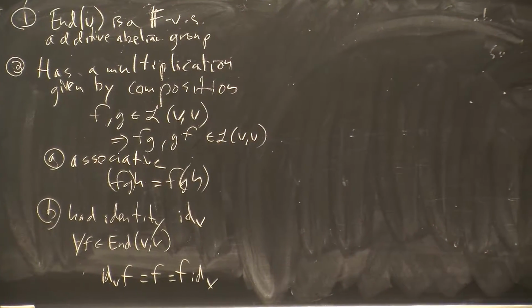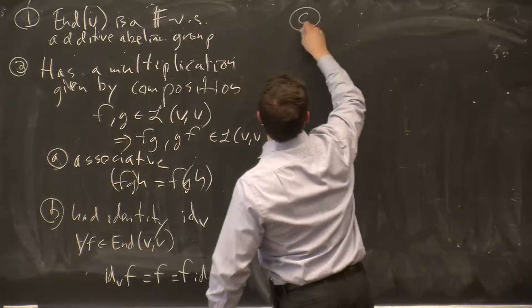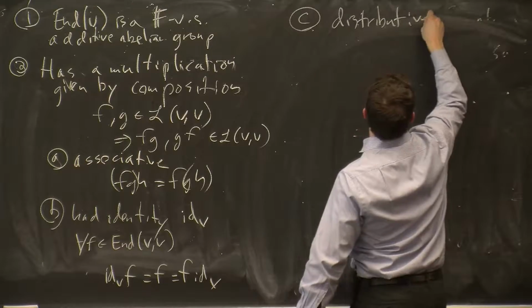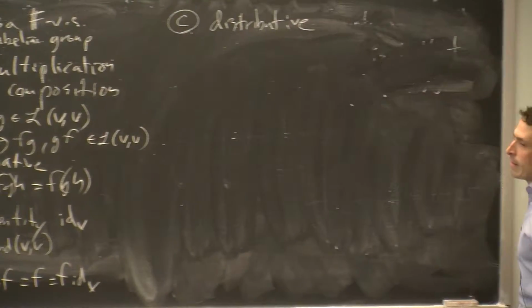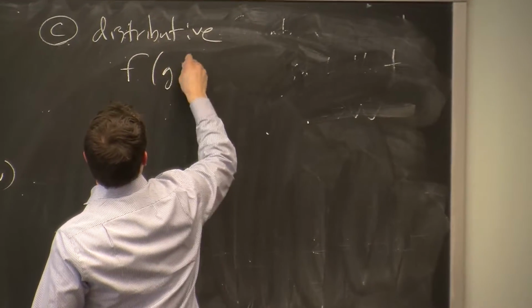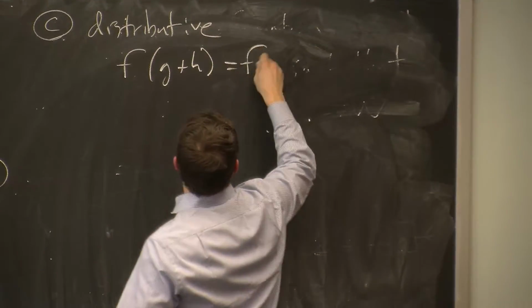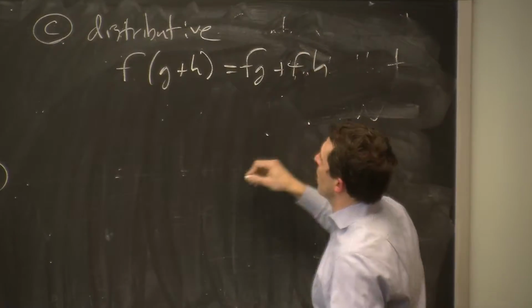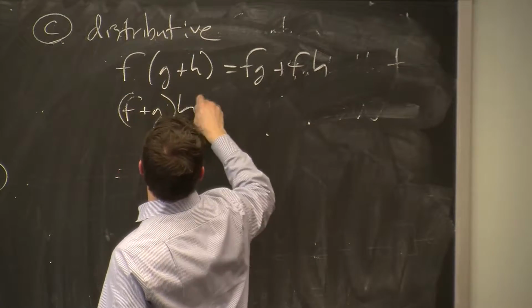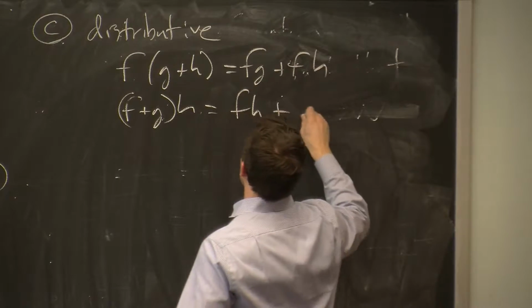Two-sided identity, and it's distributive. That is, f(g plus h) equals fg plus fh, and (f plus g)h equals fh plus gh.